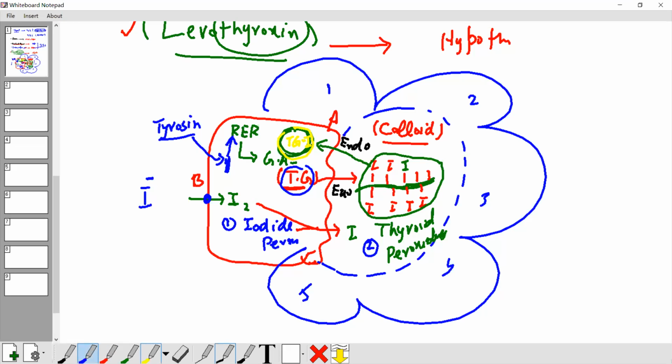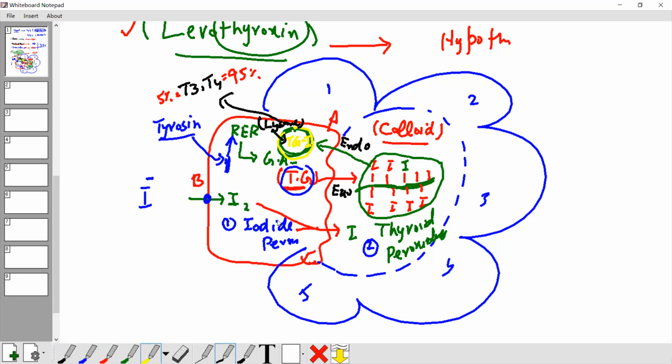Now for breakdown of this thyroglobulin, we use lysosomal enzymes, as we know after phagocytosis or endocytosis. From the cell, T3 comes out and T4 comes out. Which one is released more? 95% T4 and the remaining 5% T3.